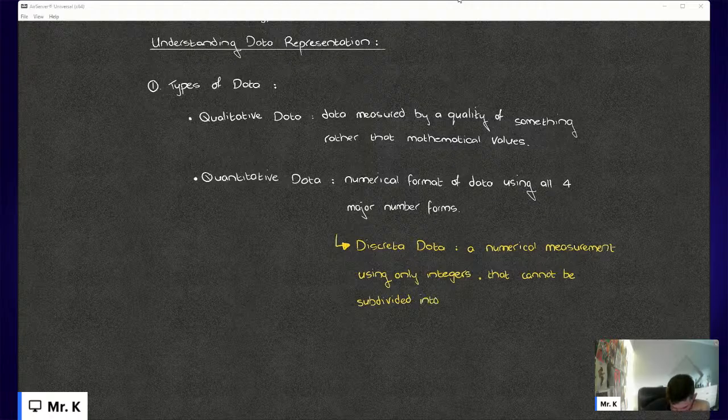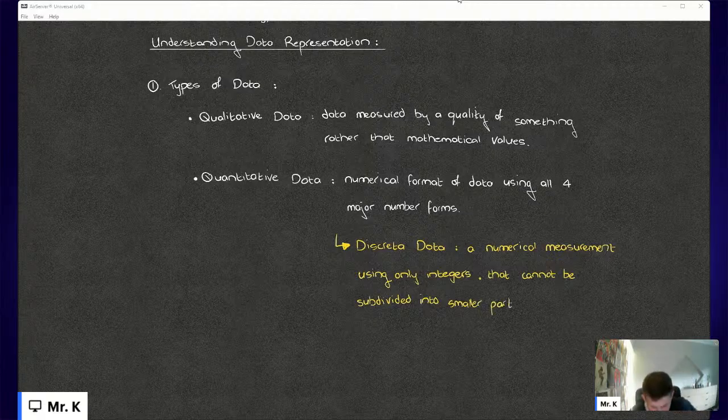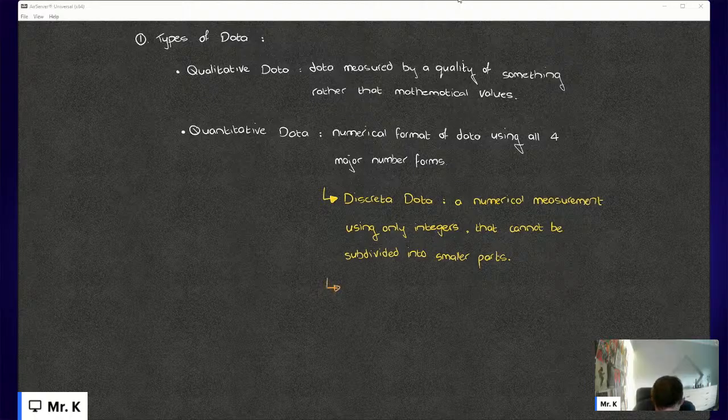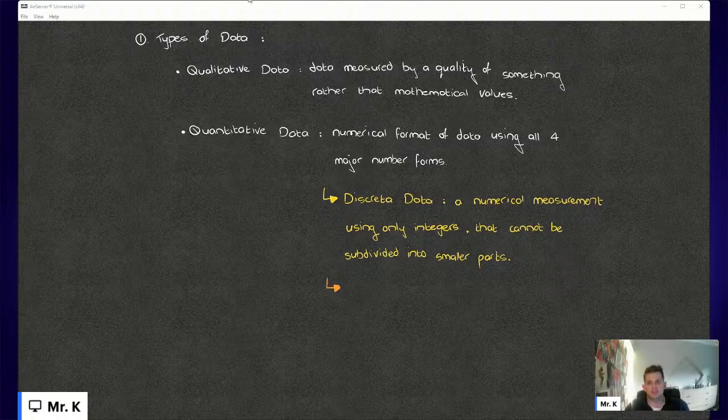So what would an example of discrete data be? Well, it's simple things, guys, like for example, counting the number of people in each class, right? That's a form of data collection. Schools do it all the time to count the number of students that are going to appear in each class.